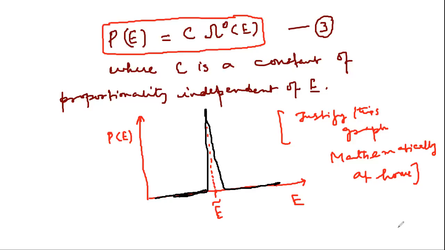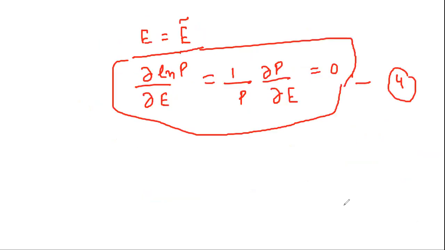Then I told you we need to find its maximum. So for that, we have to maximize P or ln P. So we can find the partial derivative of ln P with respect to E, which is 1 by P times ∂P/∂E, and equate it to 0.